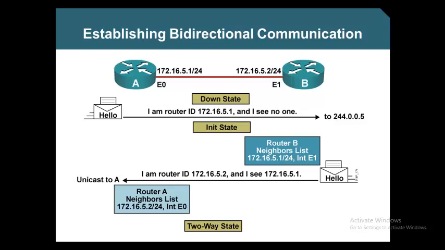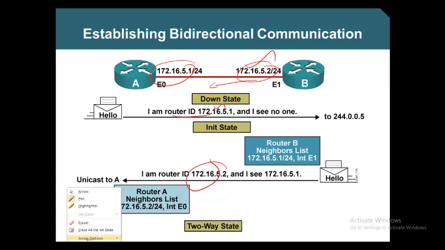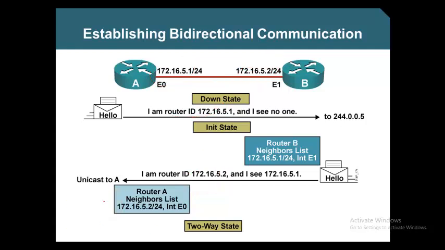OSPF will not use the sending address as the router ID; it will look at what is inside as the ID. In this example, the sender address is also the router ID, but the router ID and the source address are not always the same.